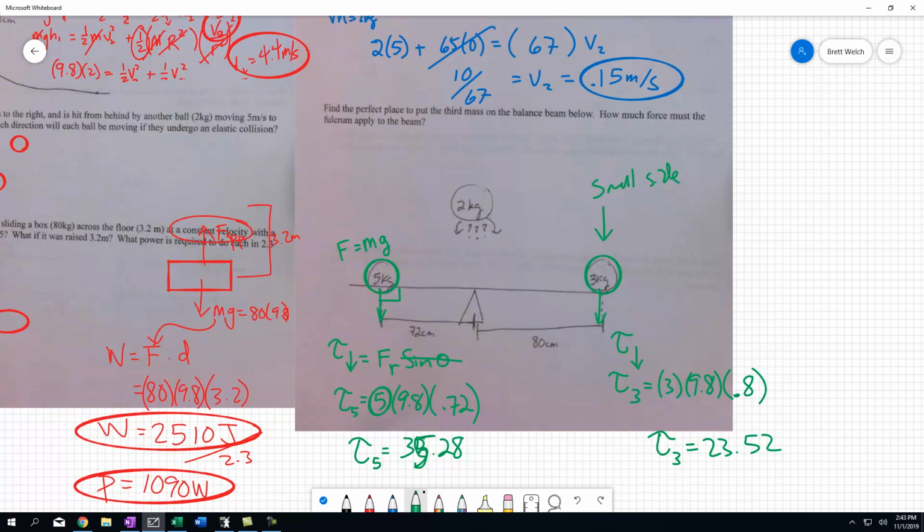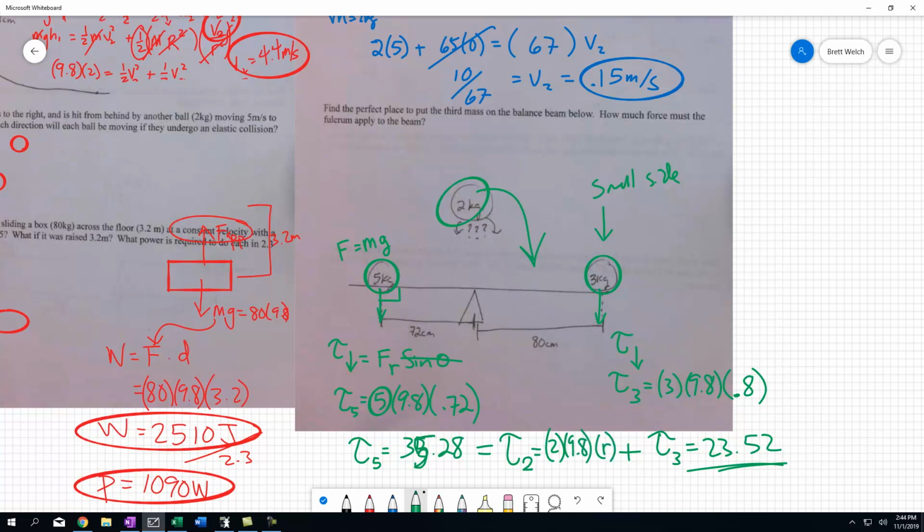Now before I go any further, I want to acknowledge that because this is the small side, now I don't know that until I've checked, but that 23.52 is too small. So this 2 kilogram guy, he belongs over here. That's important because I want the two torques to be equal. So over here I'm going to add the torque of my 2 kilogram, which would be 2 times 9.8 times an unknown radius.